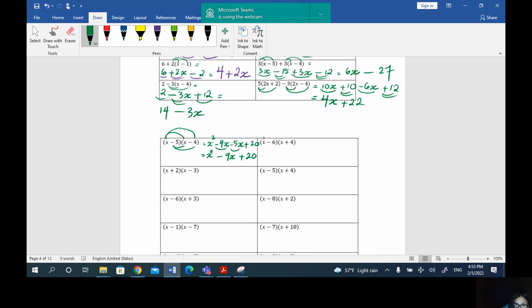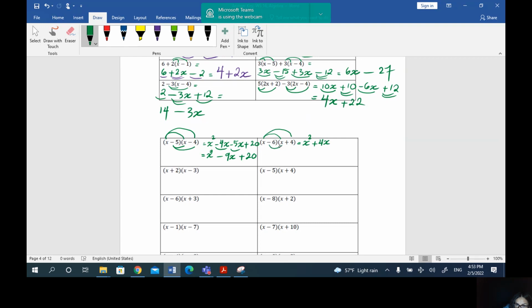Let's do the exact same thing in the second question. X minus 6 inside a bracket times x plus 4. So let's take the first term in the first bracket, and it's x. Let's multiply it by each term in the second bracket. So x times x, x squared. X times 4 is plus 4x. Then let's take the second term in the first bracket and multiply it by each term in the second bracket.